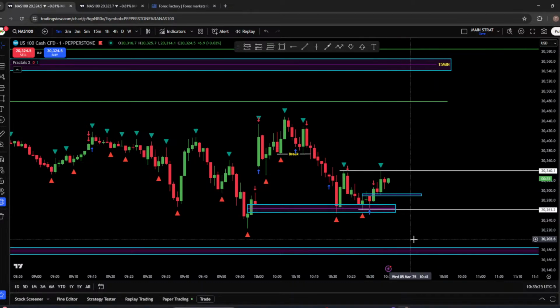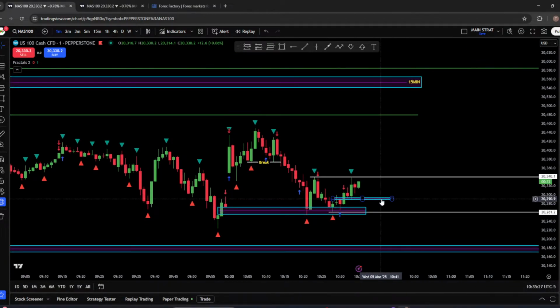Right now we're just in that consolidation phase, accumulation. Let's see, we'll wait for that distribution.